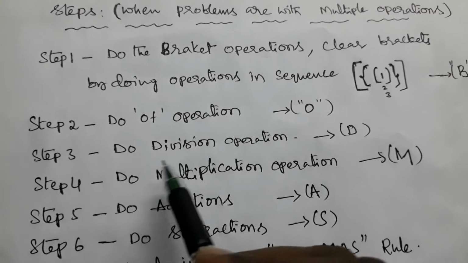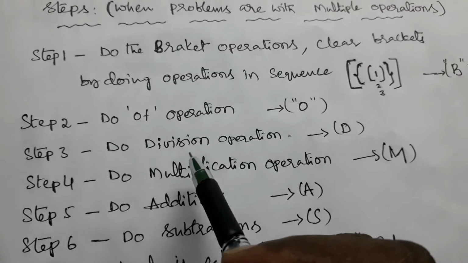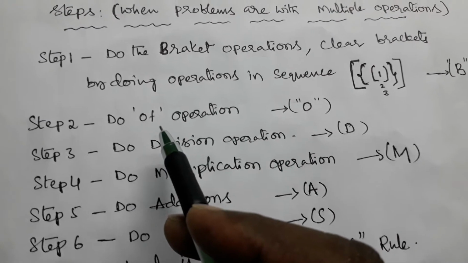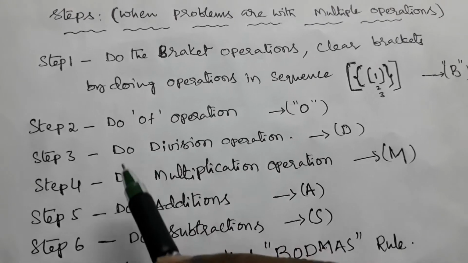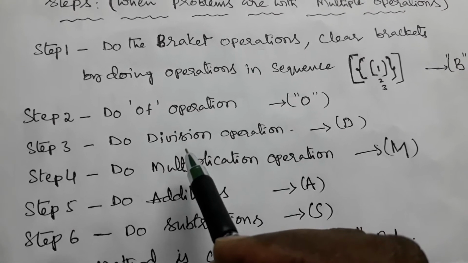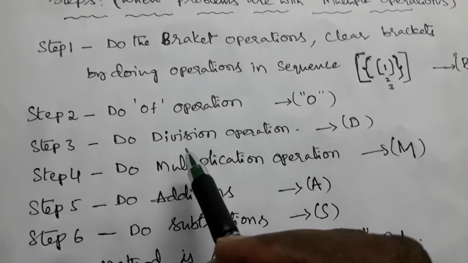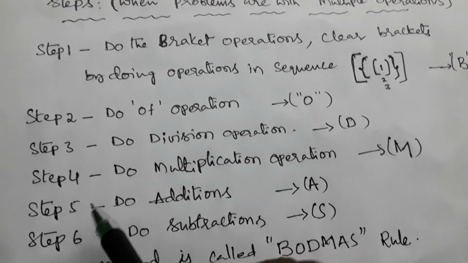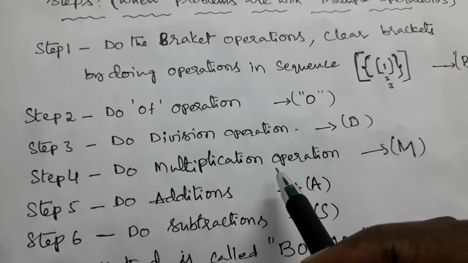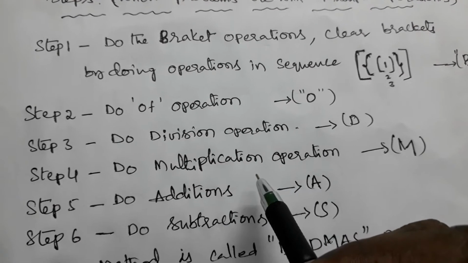Next step 3, division. First bracket, next OF. After solving OF, solve the divisions given in the problem. After solving divisions, go to step 4. What is step 4? Multiplications. Solve the multiplications.